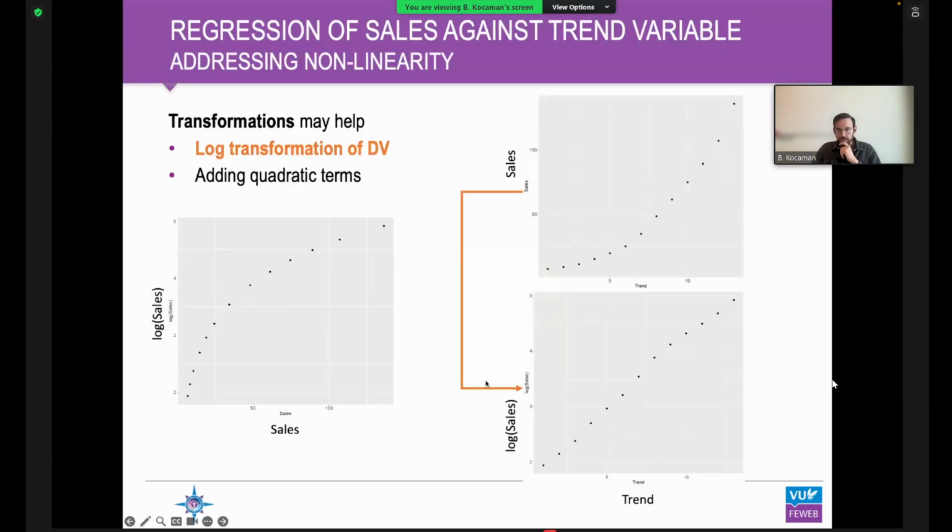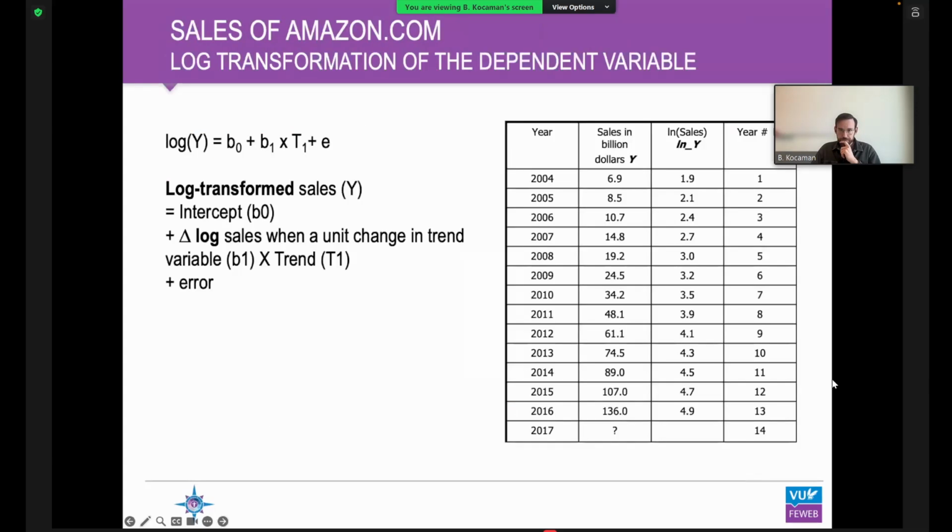Now, if we take a log transformation of sales and look at the scatter plot of that with trend, we see that there's a linear relationship. How we can do this is we will now fit a model for the log transformed sales, and we will just use the same trend variable as the exponential variable.